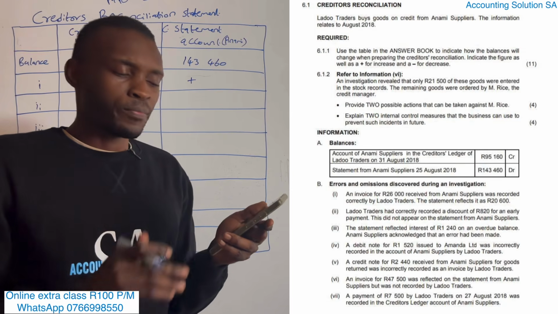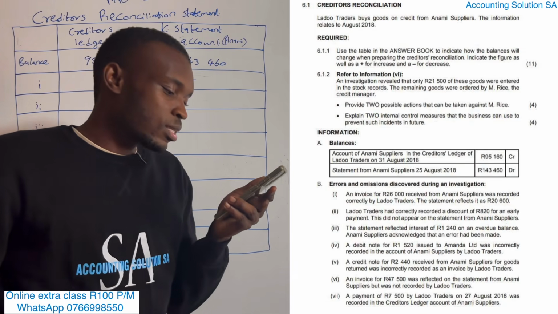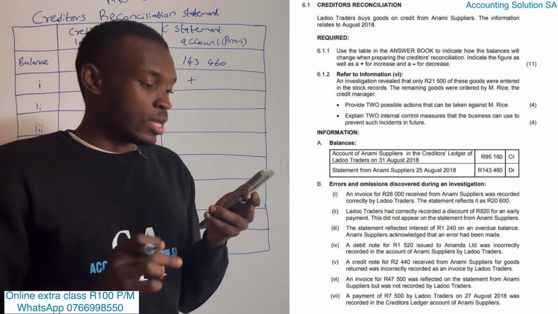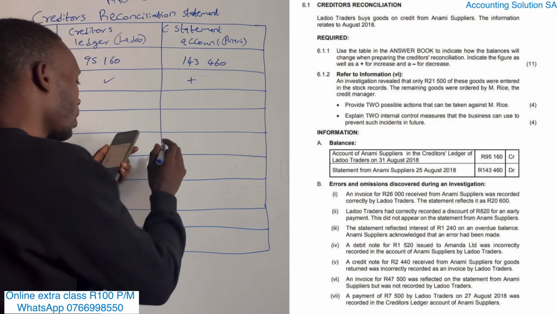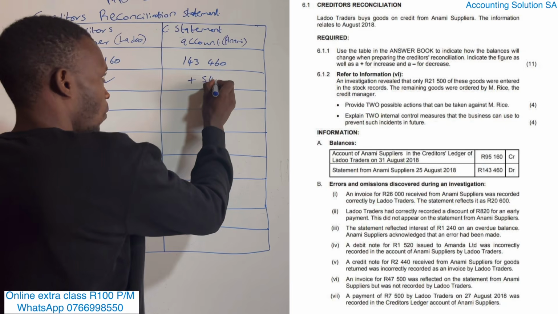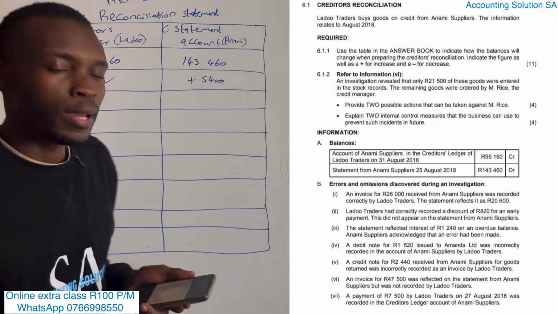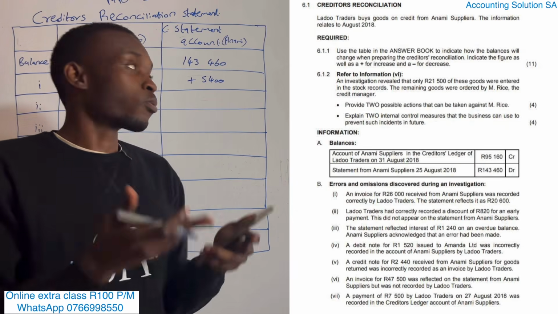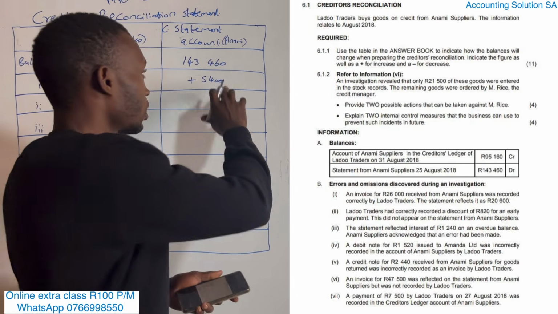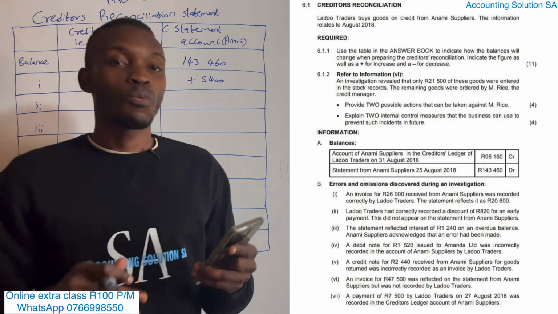How do we do that? Calculate the difference. 26,000 minus 20,600 is going to give us an amount of 5,400. Why are we saying plus? Guys, because they recorded that we owe a lesser amount and we owe more. Then we have to increase it so that it can be the same amount as we owe.